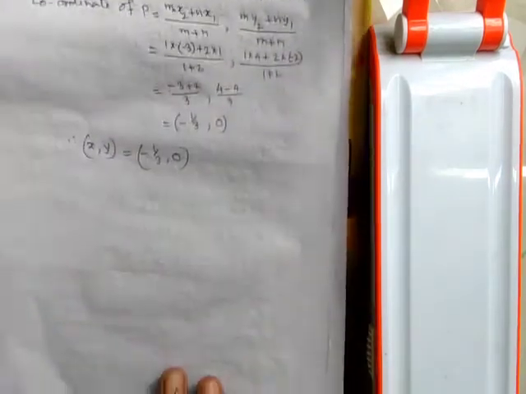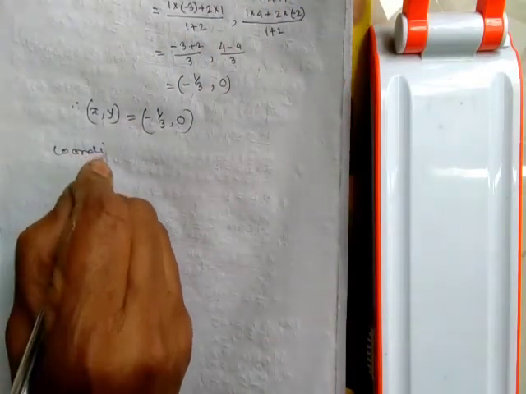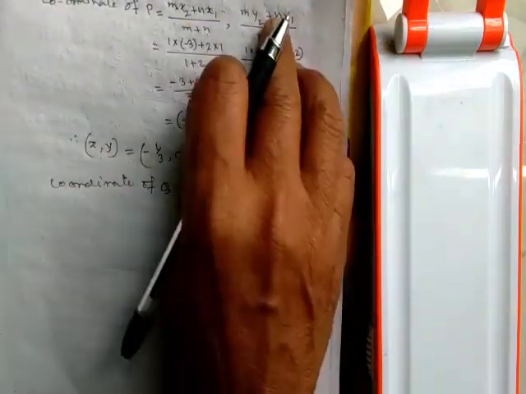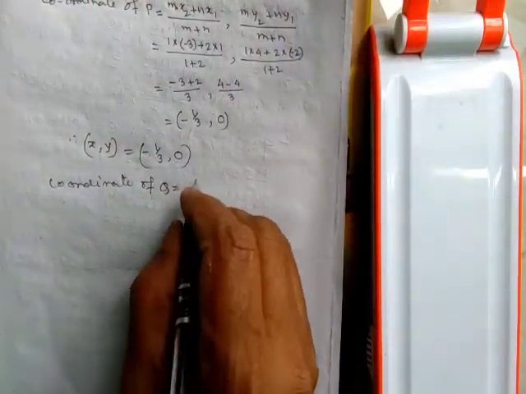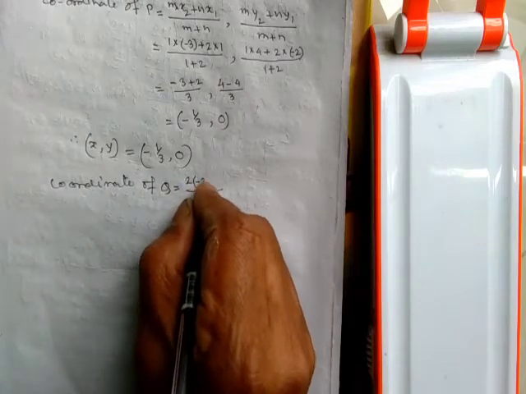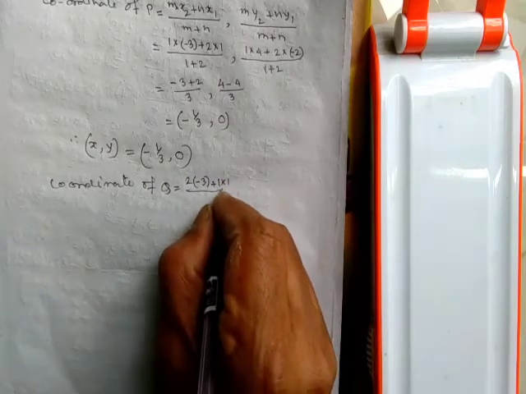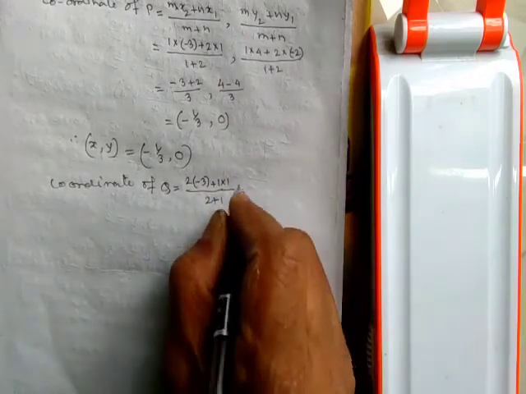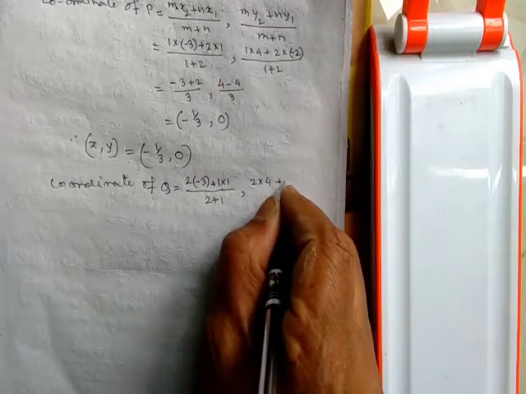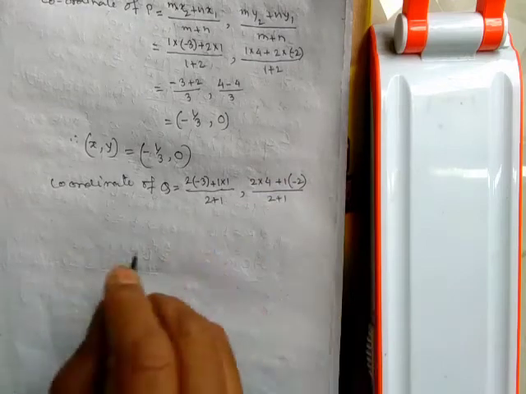Next, we will find out the coordinate of Q. Directly I am putting the same formula and the same process. This is (mx2 plus nx1) by (2 plus 1) and (my2 plus ny1) by (2 plus 1).